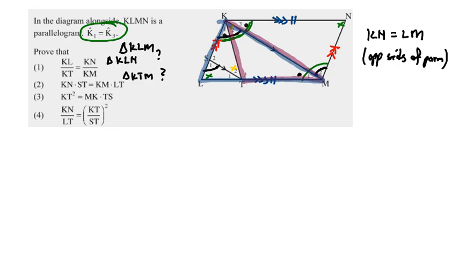Now, what am I noting in this scenario? The angle M1 is common. And then I don't seem to have another angle in KTM which seems to be equal to another angle in the blue one, in KLM, that bigger one.